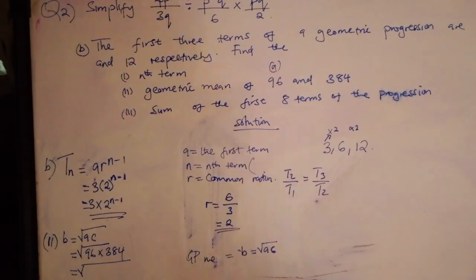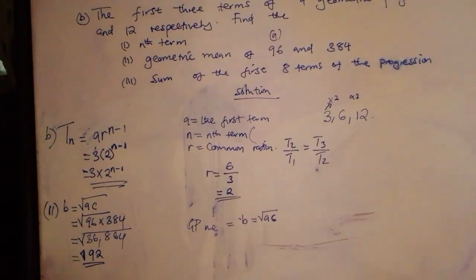We are getting 36,864. Now, if we find the square root of 36,864, we are going to see that our answer is 192, which is our geometric mean.